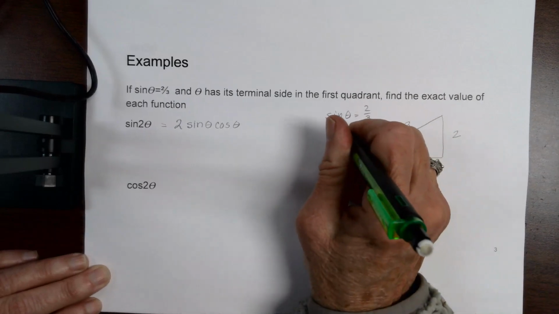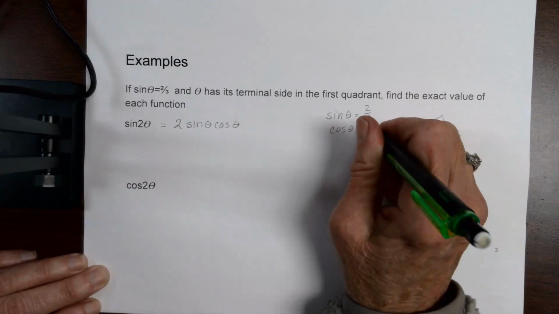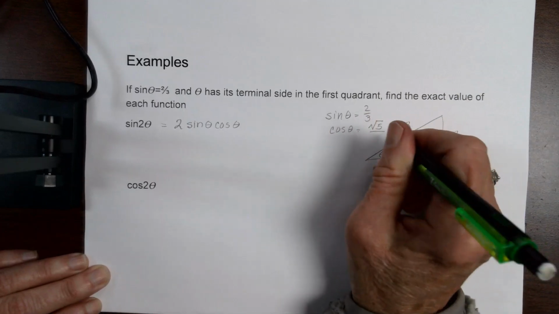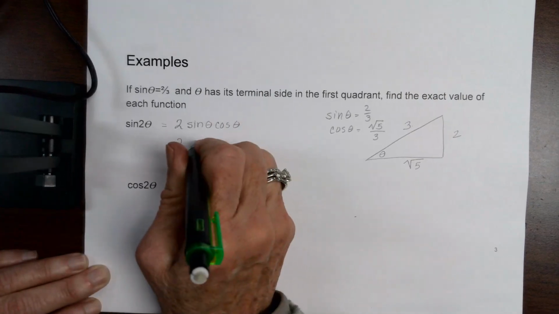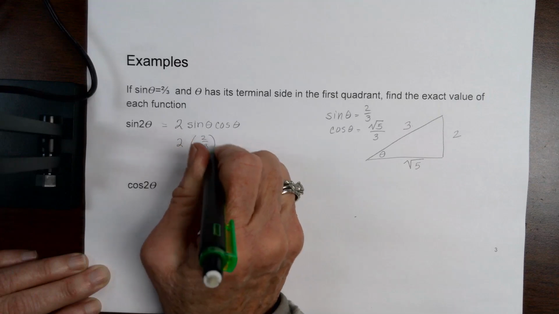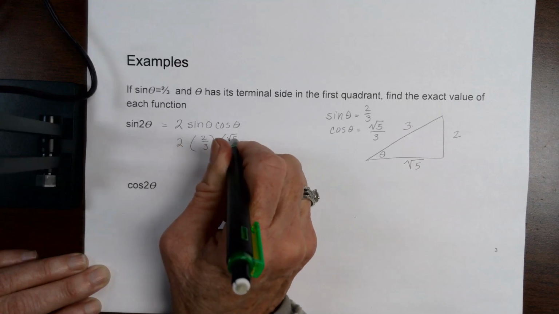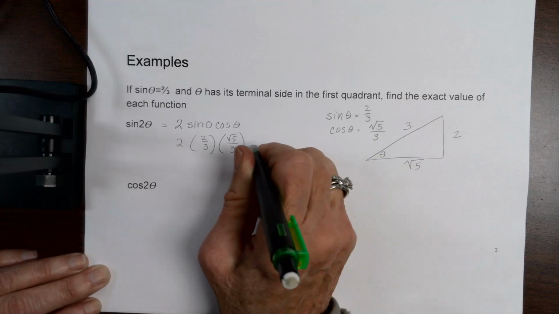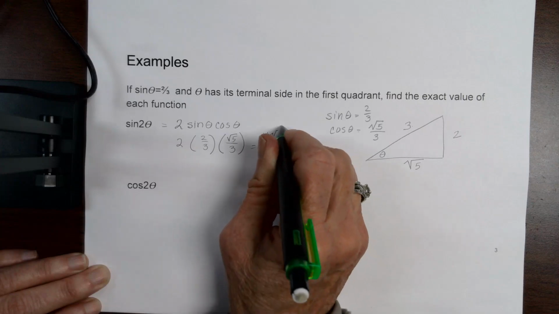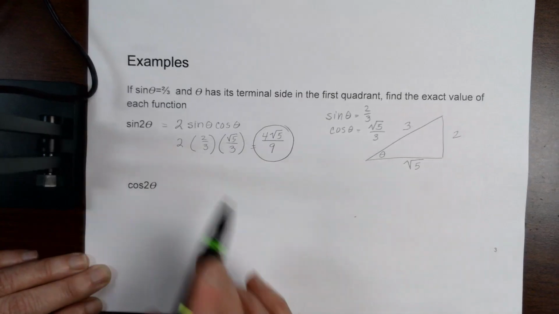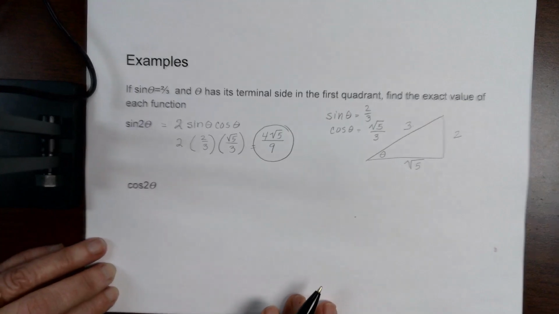The cosine of theta is going to be the square root of 5 over 3. Then I just have to plug them in. So 2 times 2/3 times the square root of 5 over 3 is going to give me 4 square root of 5 over 9. And that's going to be the value of the sine of 2 theta.